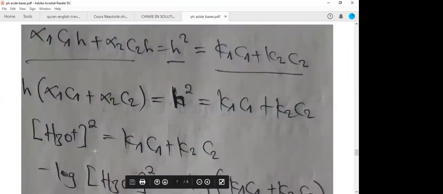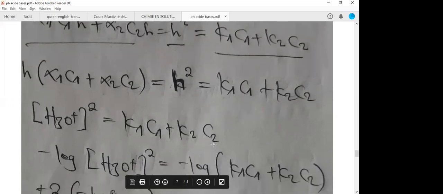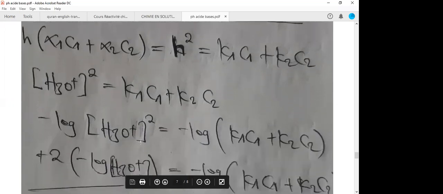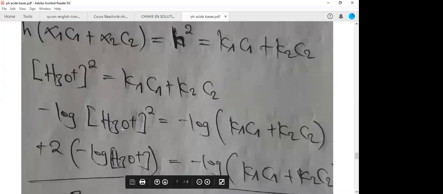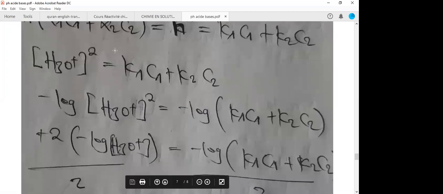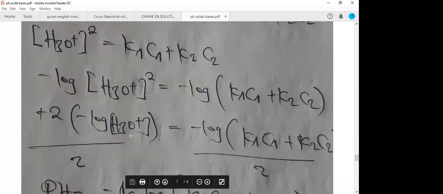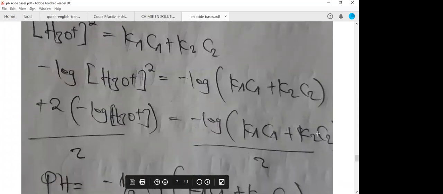So we have the concentration of H3O+ squared equal to the constant of acidity 1 times the concentration of acid 1 plus the constant of acidity of acid D times the concentration of acid D. If we introduce negative log on both sides, we have negative log of H3O+ squared equal to negative log of this. The 2 will drop and come in front, so it will be 2 times negative log of H3O+ equal to negative log of this.